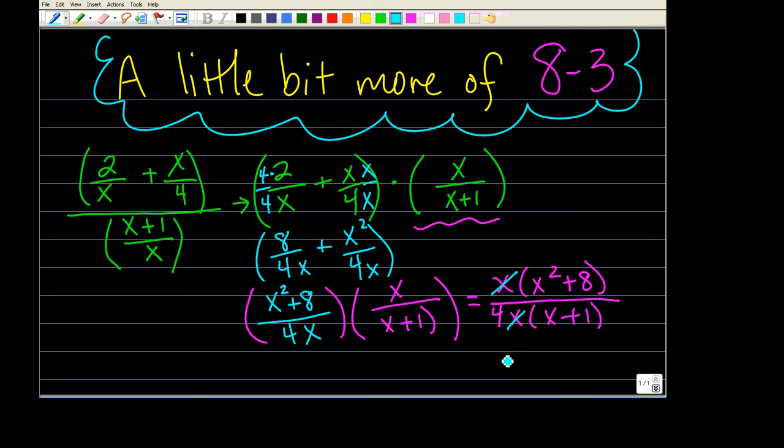So we'll be left with, let me write it up here, x squared plus 8 over 4 times x plus 1. And you don't need to multiply that back out if you don't want to.